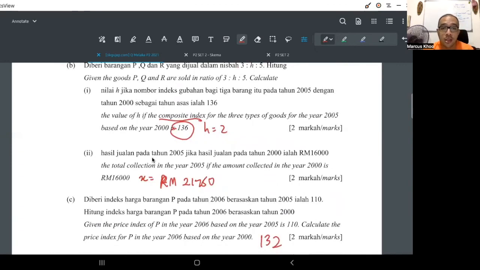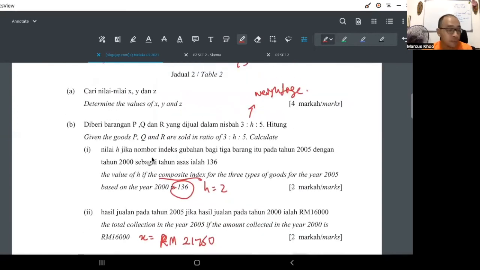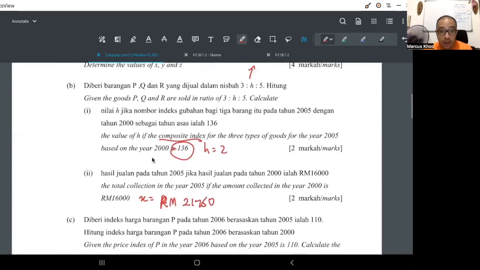Total collection in the year 2005, if the amount collected in the year 2000 is 16,000. Just use the original formula again. So it'll be X over 16,000 times 100 equals 136. Use the composite index. Then you get X equals 21760.